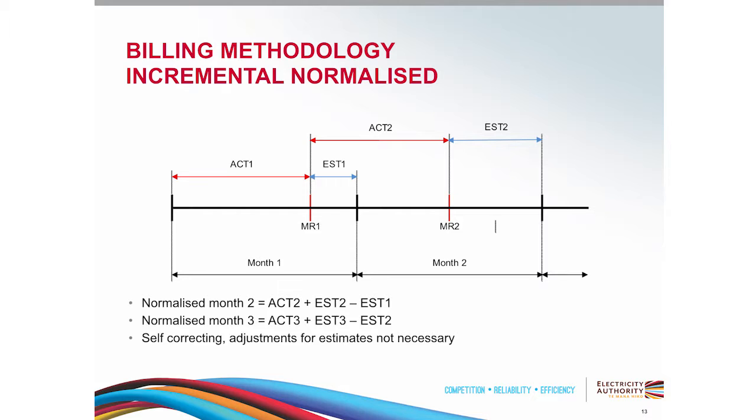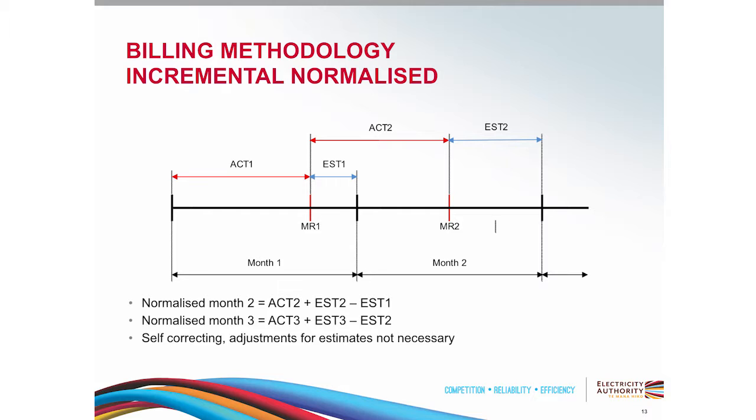So the question then comes, what does the retailer actually provide to the distributor for the normalised process? And that's sitting in here. So in month two, they provide the meter reading volume, so they take the difference between those two meter reads, or if that was an estimate, the difference between the estimate, plus an estimate from that meter read to end of month, minus the estimate that they actually included in the previous month.